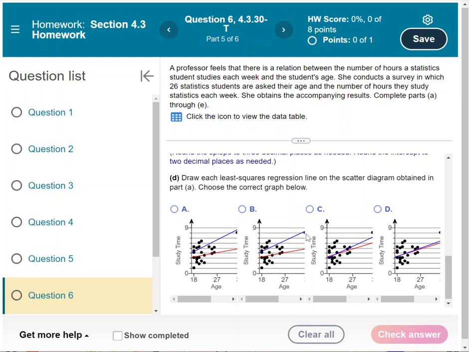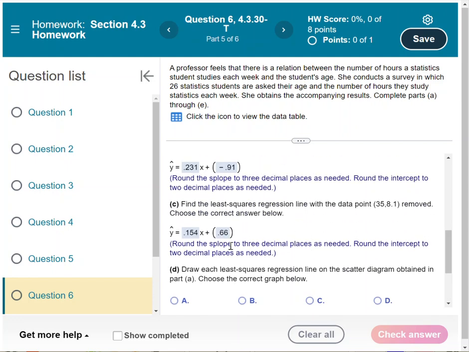Okay, so you can see that it made a significant difference. Our slope has changed by almost 0.1, but definitely the intercept has changed. It went from negative 0.91 to 0.66.